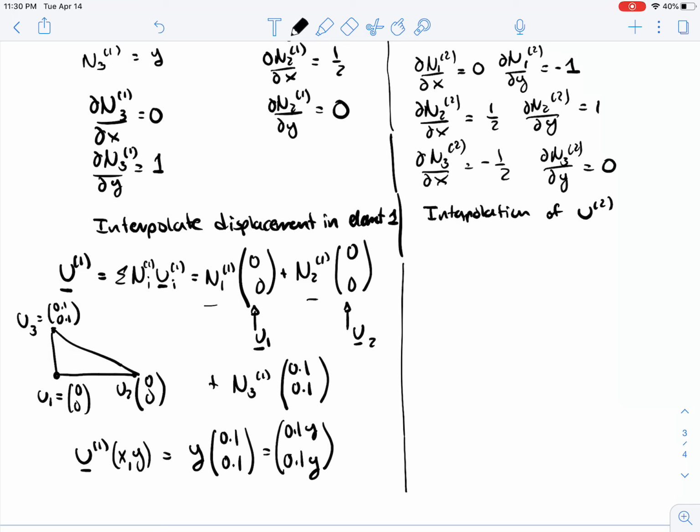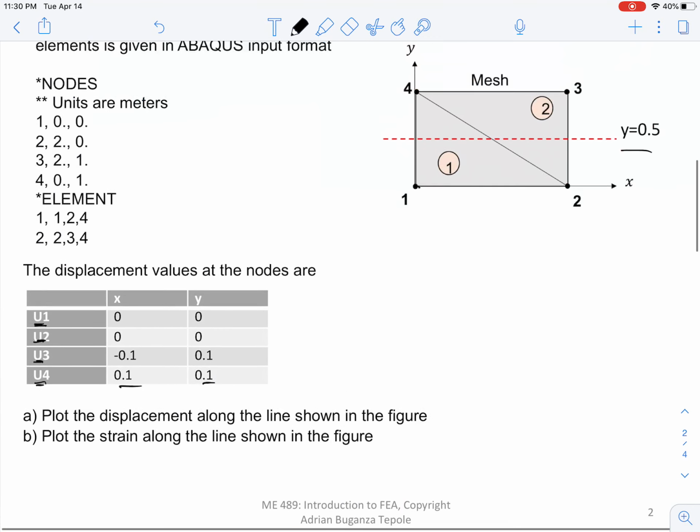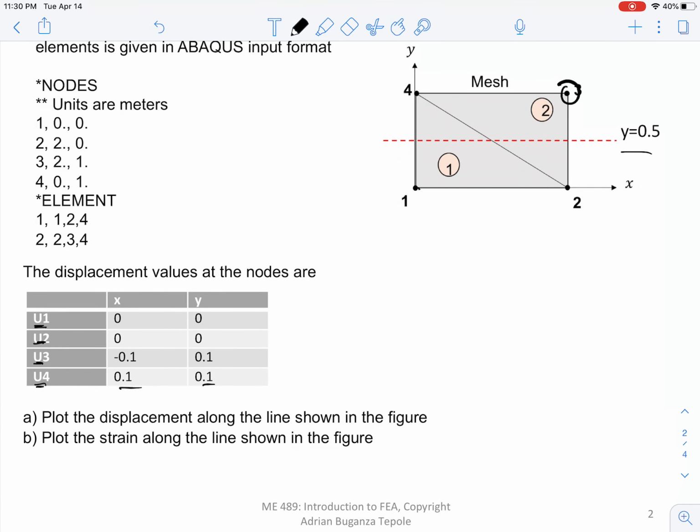So the interpolation of u2. For that, let me write out the displacements. This one has local u1, 0, 0. So it's global node number 2, but local node number 1. This one has minus 0.1, 0.1, if I remember correctly.